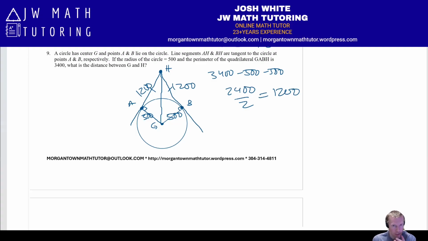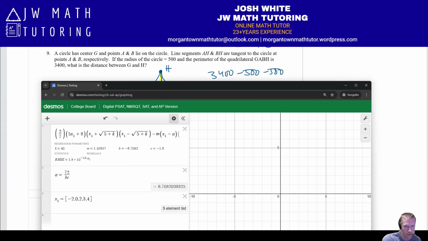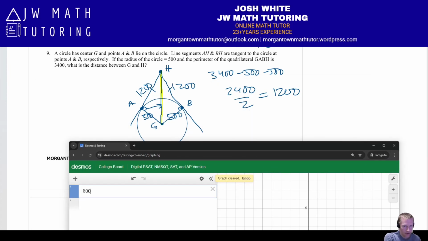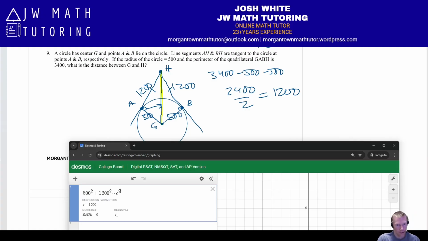Now you have a right triangle, but be careful, this side in the middle, this GH that you're solving for, is the hypotenuse. Okay, 1200 is not the hypotenuse. This side in the middle across from the right angle is your hypotenuse. So I would just go to Desmos here. Let's get rid of this. And I just know that we have 500 squared plus 1200 squared, and do a regression, and it's c squared.